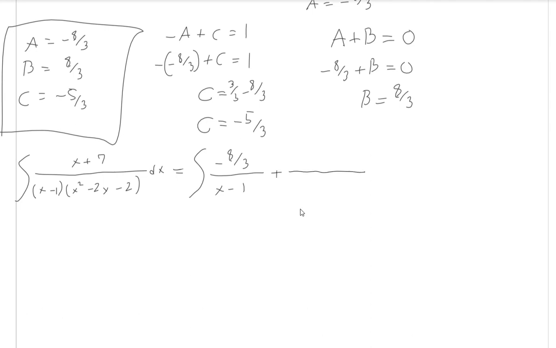Then plus x squared minus 2x minus 2. On top I had Bx, where B is 8/3, so 8/3 x, plus C, where C is minus 5/3, dx. So now I could pull out a 1/3 and make this just negative 8 over x minus 1 plus 8x minus 5 over x squared minus 2x minus 2 dx.